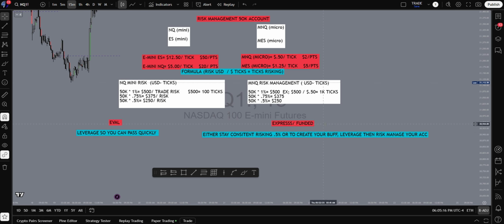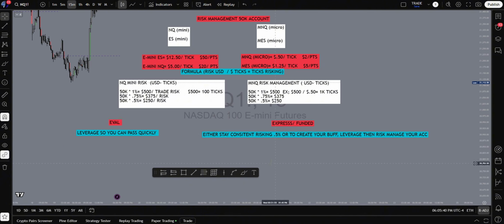But moving on to a funded account, you're going to stay consistent with whatever amount you're risking. For example, I put 0.5%. Just be consistent with that. Start building up capital in your funded account, so then you can start risking that amount of money.